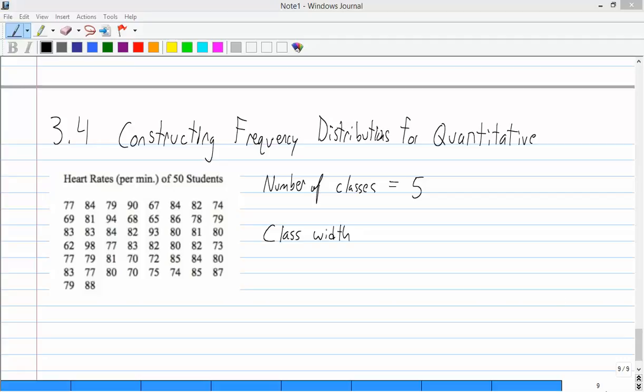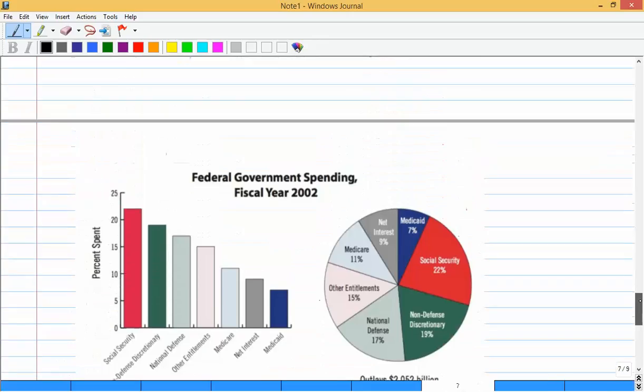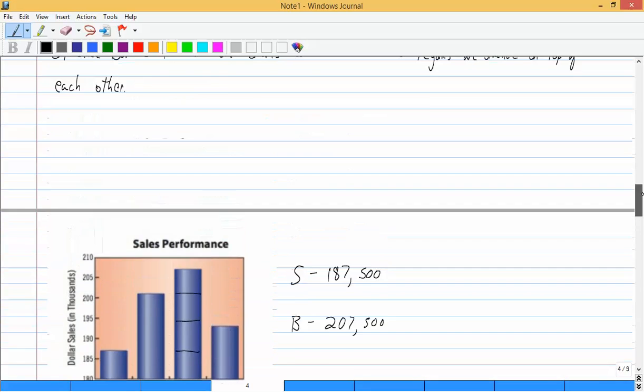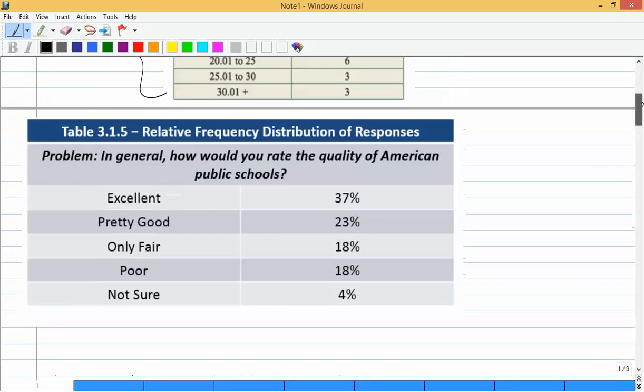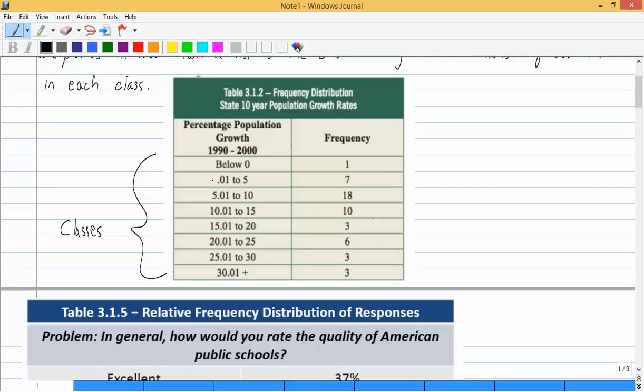So, do you remember when we were looking at up here? Well, it was up here. The difference here between these classes, we have to figure out some number that would give us the difference between the classes, or the width between the classes.